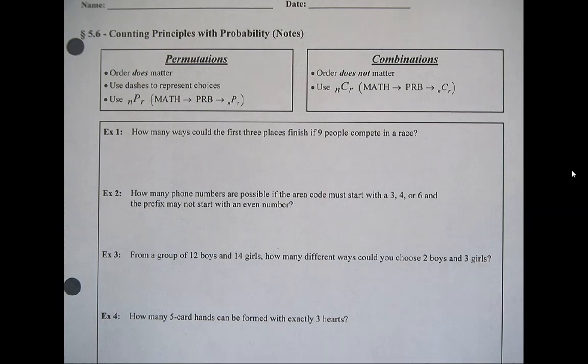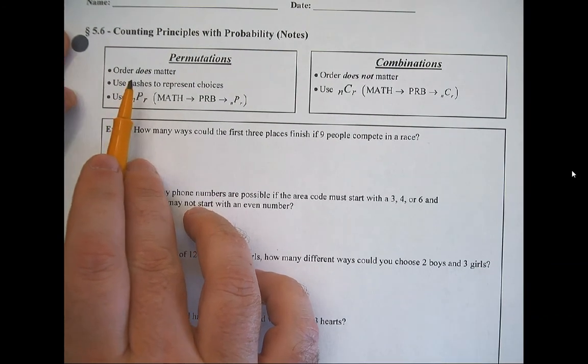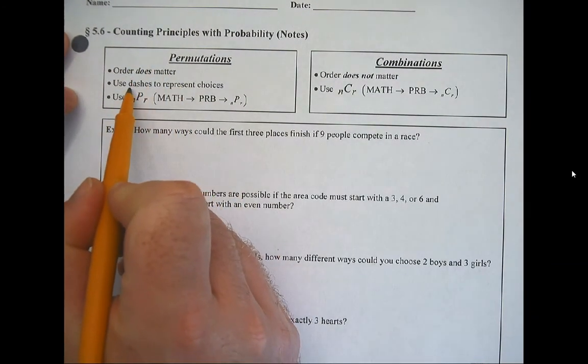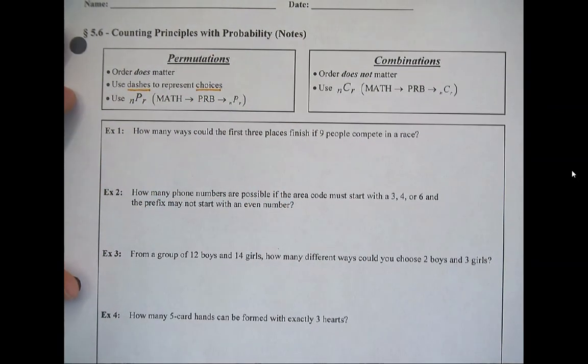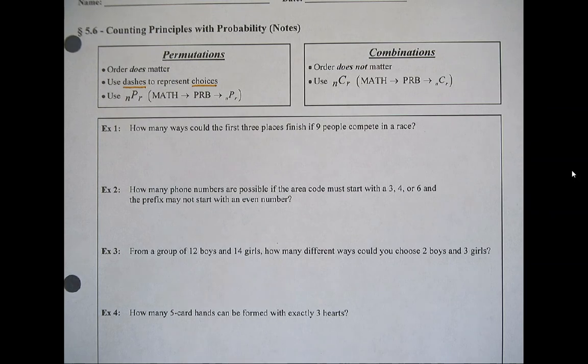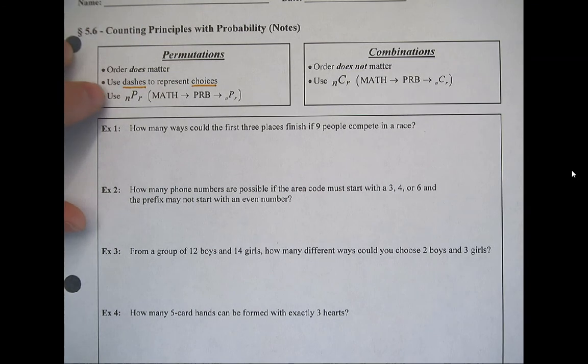We're going to start off with a permutation. A permutation is a situation where order does matter. I usually do this with dashes that represent my choices. I'm going to show you with the examples what I mean by that, but for each choice you have, I do a dash to represent that choice, and then I talk about how many options there are for that choice.